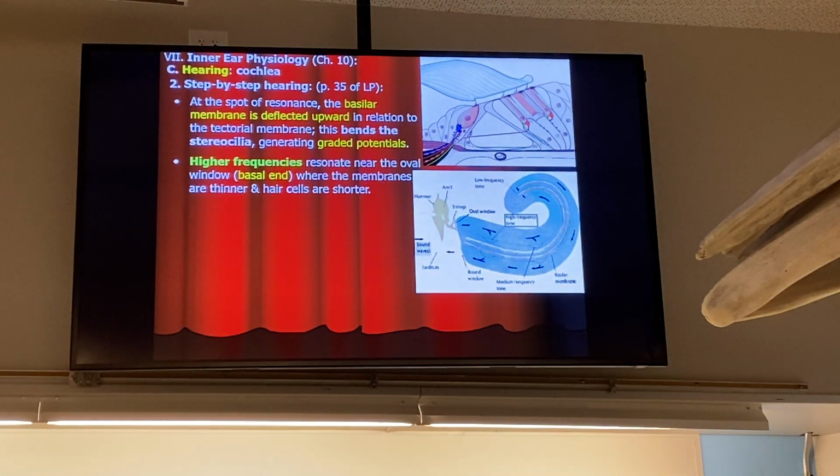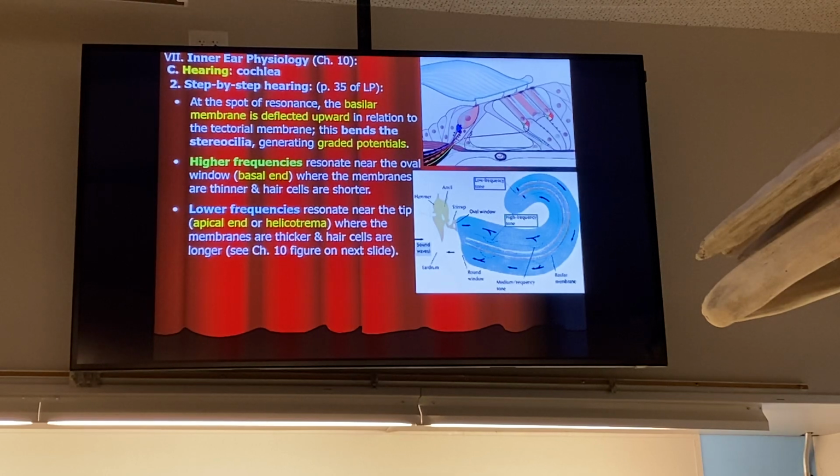Hair cells also do graded potentials, and again, the higher frequencies resonate closer to the oval window, lower frequencies resonate at the apex or helicotrema. Easiest way to remember this is that if you're stopped at an intersection and somebody 6 cars away is blasting hip hop even though all the windows are closed, what is the only thing you hear 6 cars away?